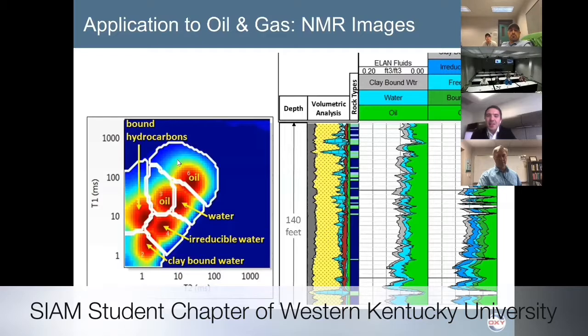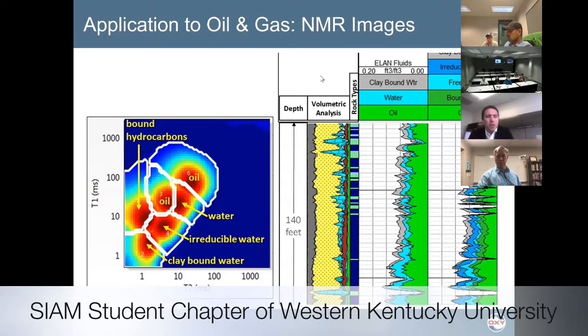And different fluids have different T1, T2 maps, and you can actually make a judgment on the shape of the fluid, where it is located, what are different coefficients equal to, and you can make a conclusion whether you have oil, whether you have water, and also there are different types of oil. Some oil can be very tight, it's impossible to pump, but some may be free oil, so it may be used for estimating the amount of oil under the surface.